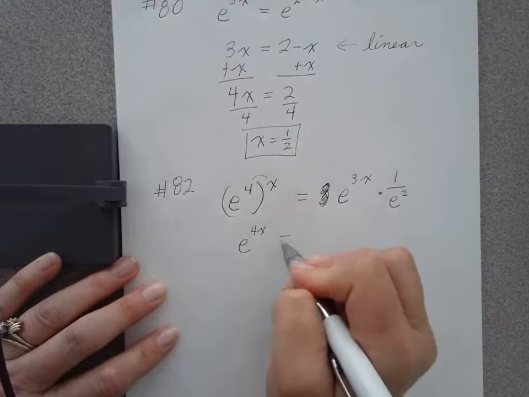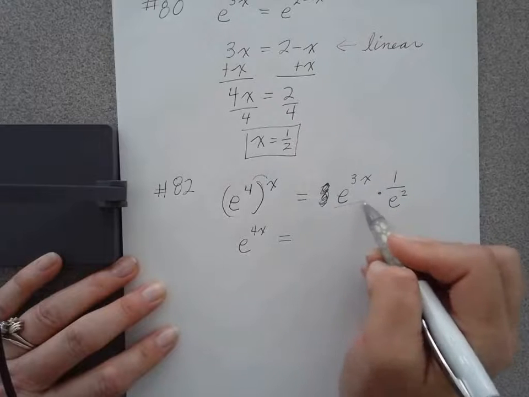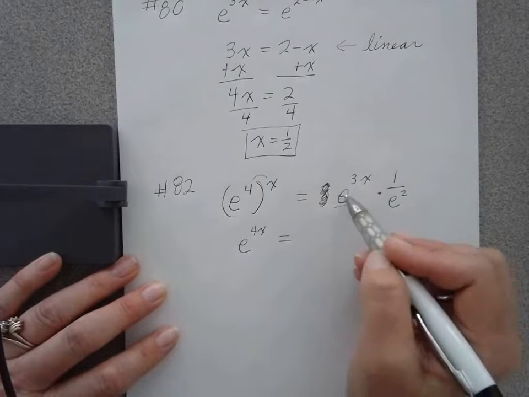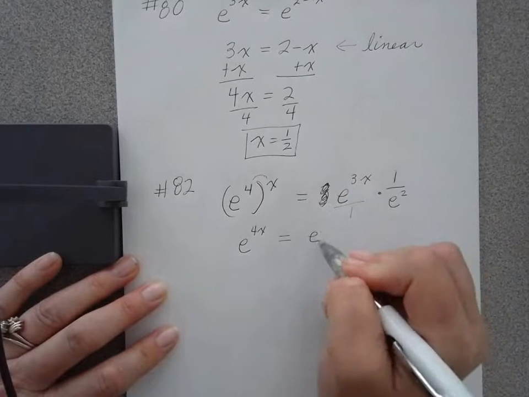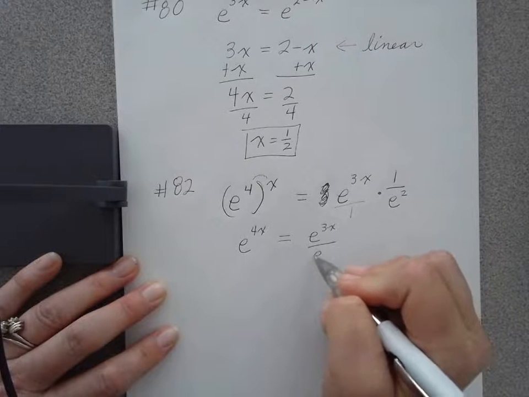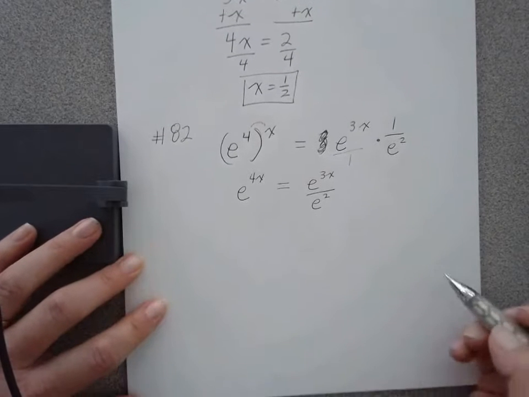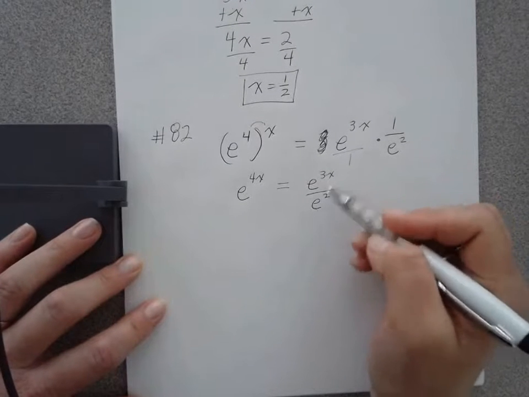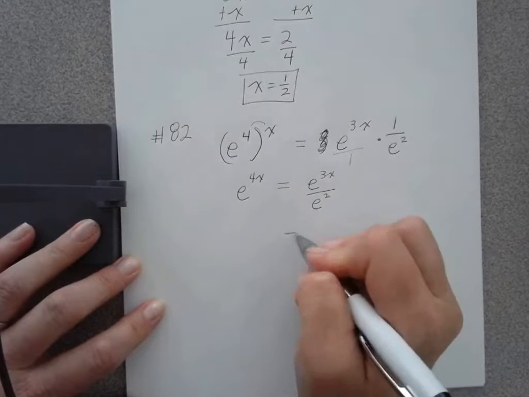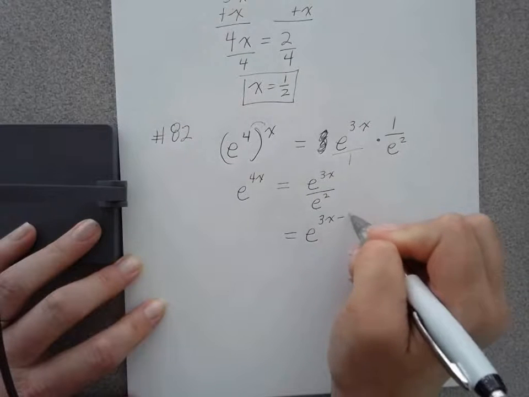Then over here, I have e to the 3x. That's like e to the 3x over 1, right? If you're multiplying fractions, you multiply across the top, e to the 3x, and multiply across the bottom. 1 times e squared is e squared. Then what's the rule? If you divide like bases, what do you do with the exponents? You subtract. Good. So it's e to the 3x minus 2.